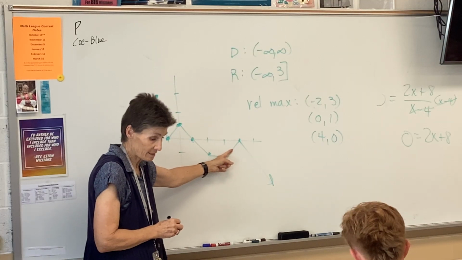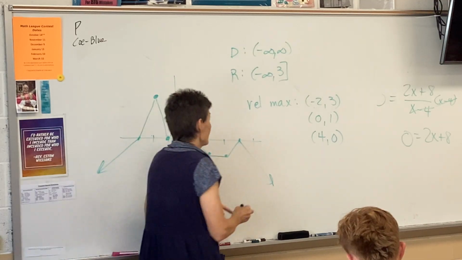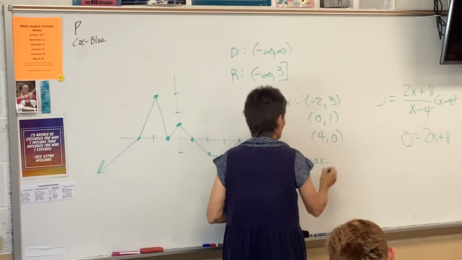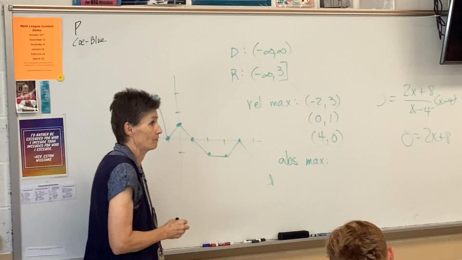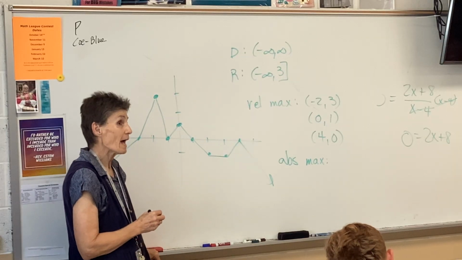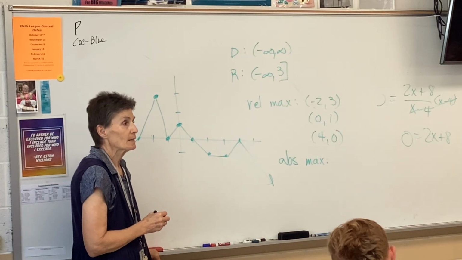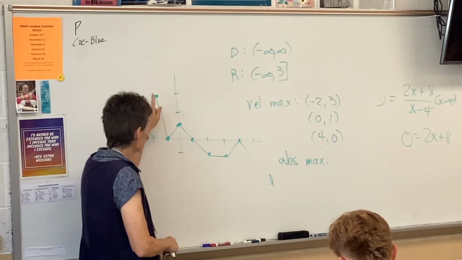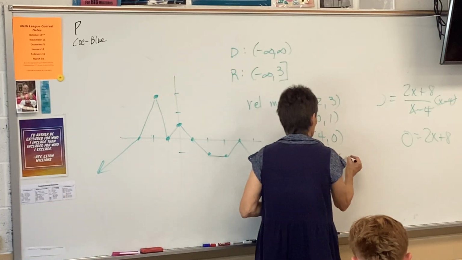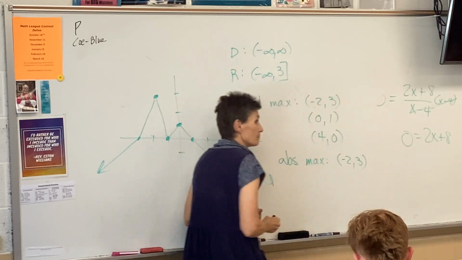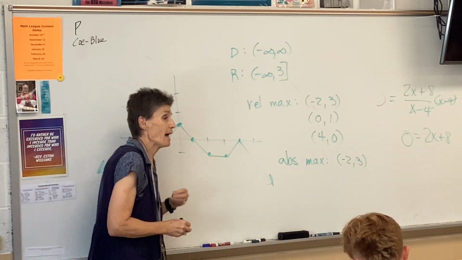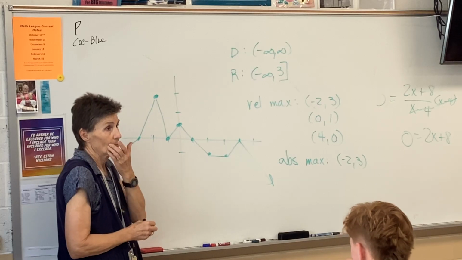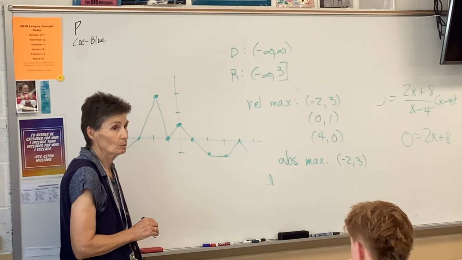Absolute maximum. The absolute or global maximum is the single highest point on the curve. Does this curve have a single highest point? It does, because those arrows are going down. So that would be negative 2, comma 3. Does this curve have an absolute minimum?